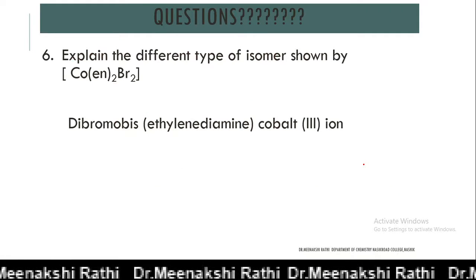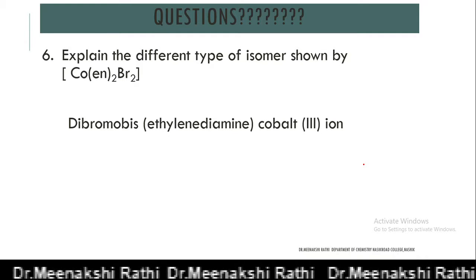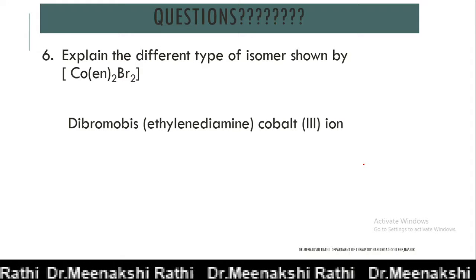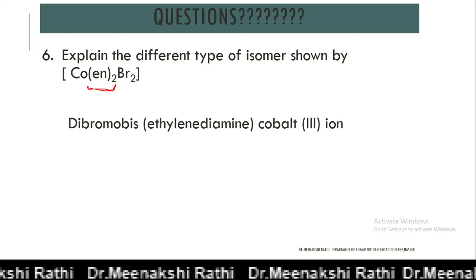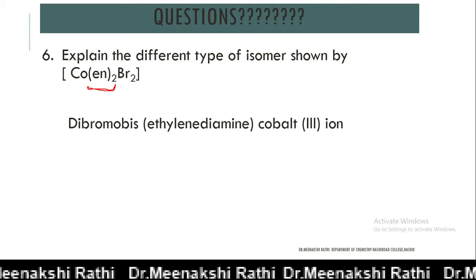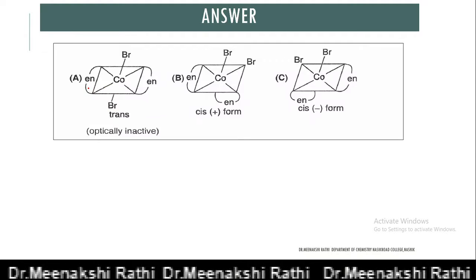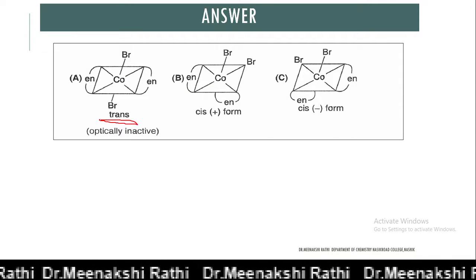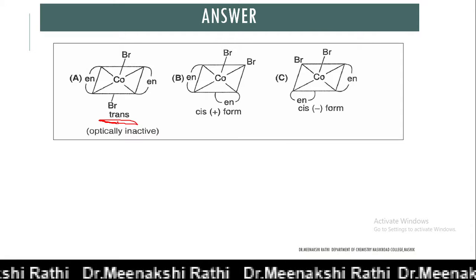Now, explain the different types of isomers shown by dibromobis ethylenediamine cobalt ion. Here ethylenediamine is a bidentate ligand. Now you can see this is the trans isomer, but it is optically inactive. Why optically inactive?